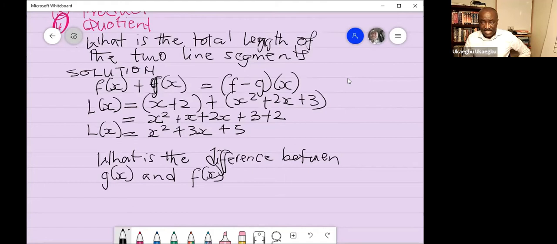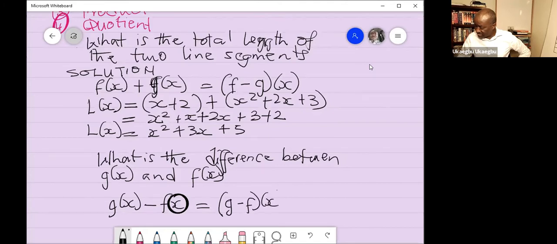What that person is asking you to do is g of x minus f of x, which can also be written as g minus f of x.